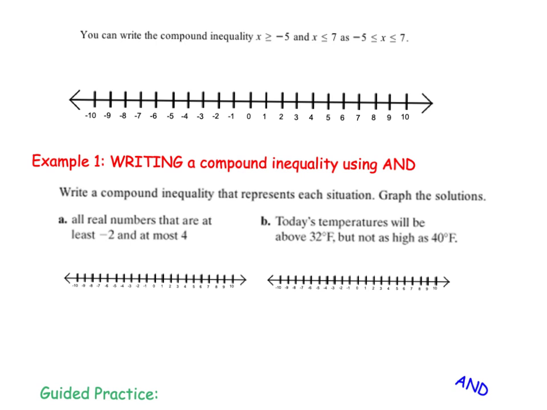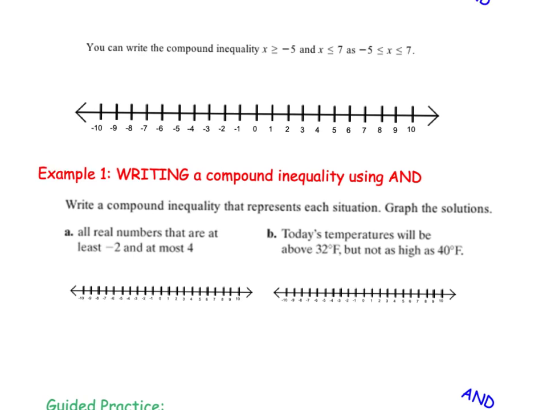So I like to actually graph them first, to start out. So we know that the number is at least -2. Can it be -2? I think so. And it is at most 4, and I think again that it can be 4, so I will close my circles. Well, what numbers lie inside of there? All these, which I will highlight.